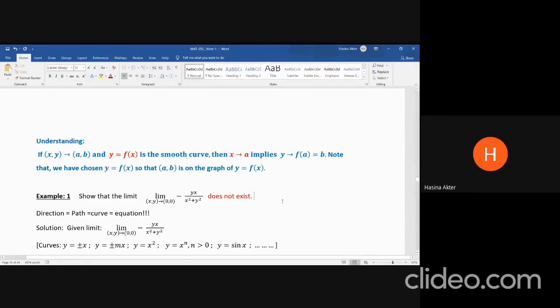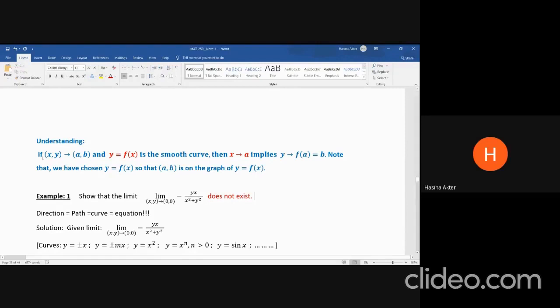Okay, so now let's try to understand. We said that a direction can be considered as a smooth curve, didn't we? Each direction will be given by a path, by a curve, and those curves we can consider as smooth curves.